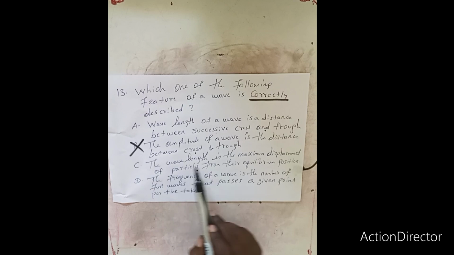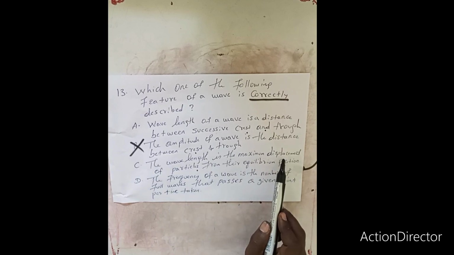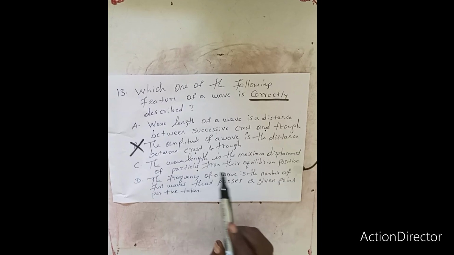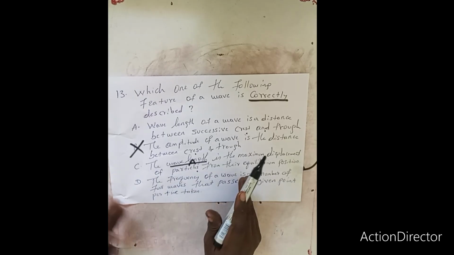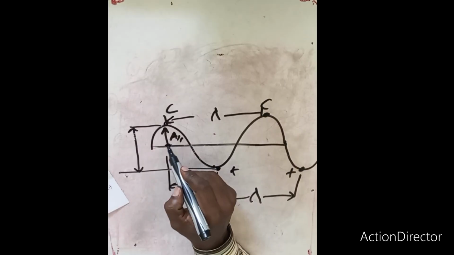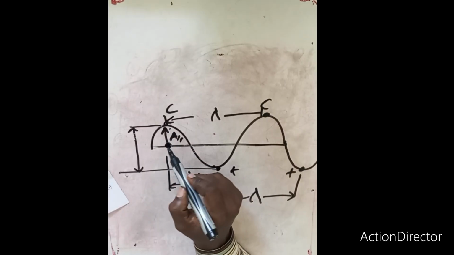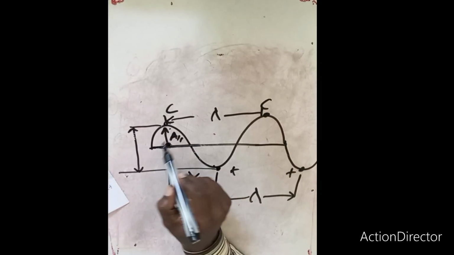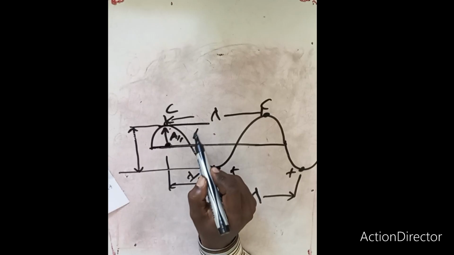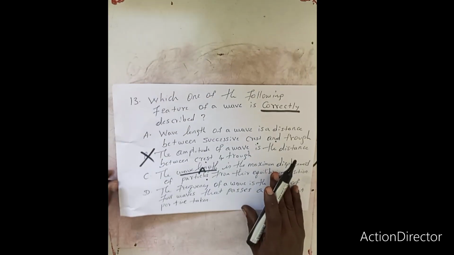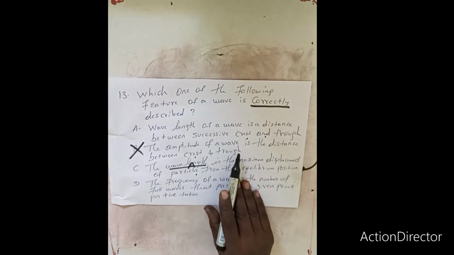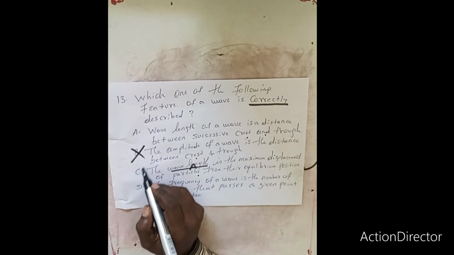No, the wavelength is not the maximum displacement. Amplitude is the maximum displacement of the particle, from the equilibrium position to the maximum displacement. It's not the wavelength.